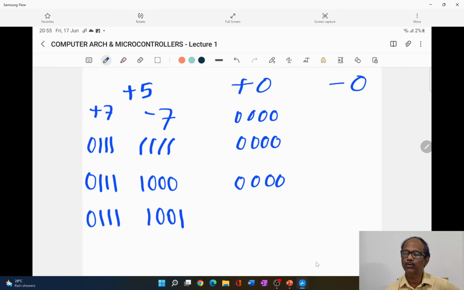Now if minus 0 is to be represented by sign magnitude scheme, MSB becomes 1 followed by 3 zeros. And if it is in 1's complement scheme, you have to take 1's complement of the corresponding positive number. So you get 1 followed by 111. And for 2's complement representation, you have to take 2's complement of 0, 0, 0, 0.